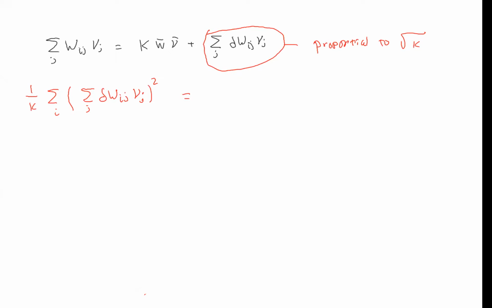Okay. But now we can do a little bit of algebra. This is equal to 1 over k, the sum on I. The exact same thing we did before.